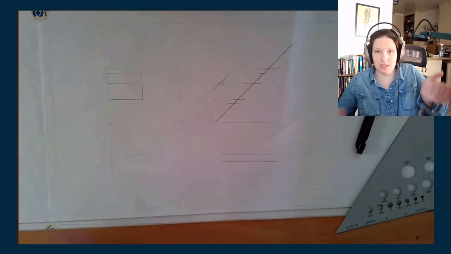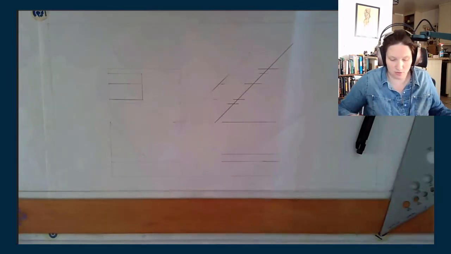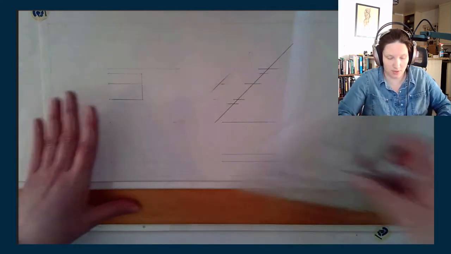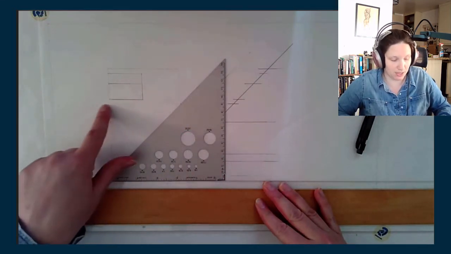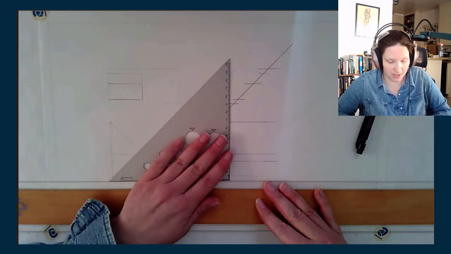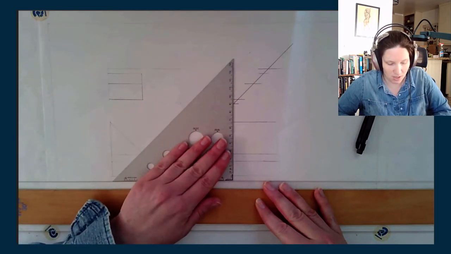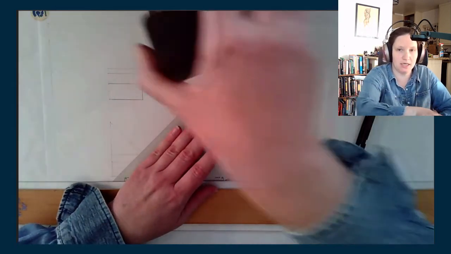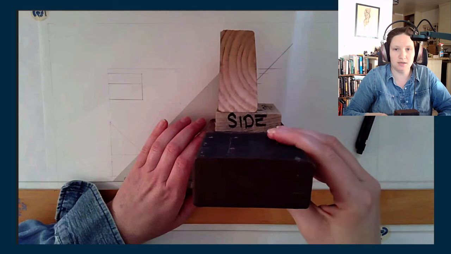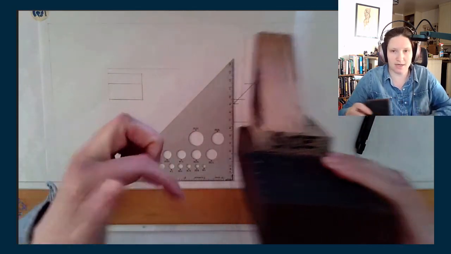Now we're gonna pull these measurements down to meet these bases, okay? So my first measurement matches up with this bottom line, okay? So that's the most outside edge of the base of the block. So I'm looking here at the block. I'm looking at this most outside edge first.